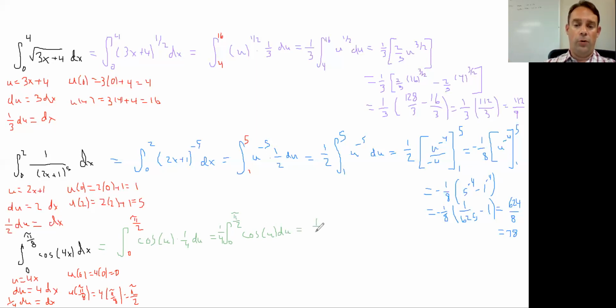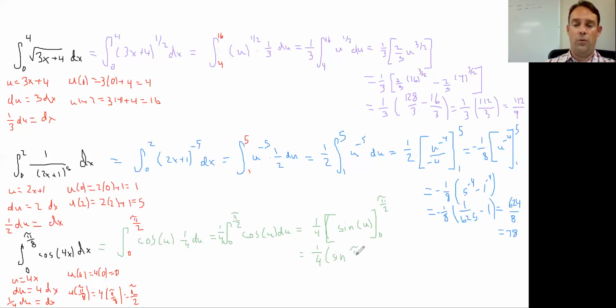And we have 1/4 now times the integral of cosine, which would be sine, from 0 to pi over 2. And when we plug those numbers in, remember, trig functions we have to evaluate. We're not allowed to leave this as sine of pi over 2 and sine of 0.